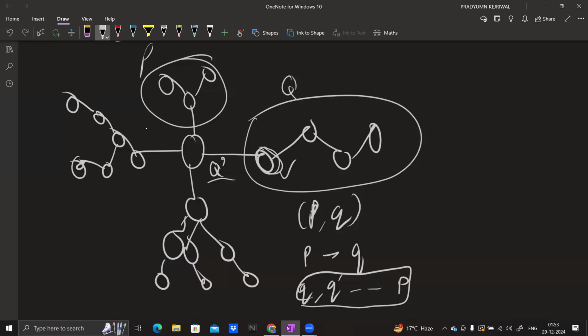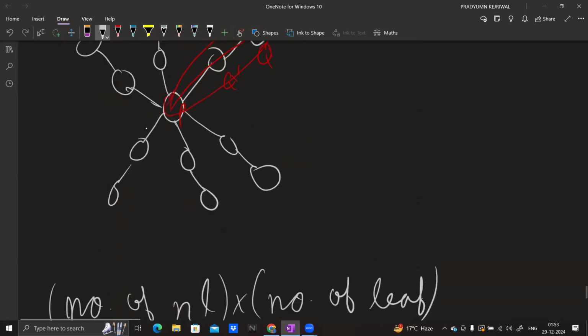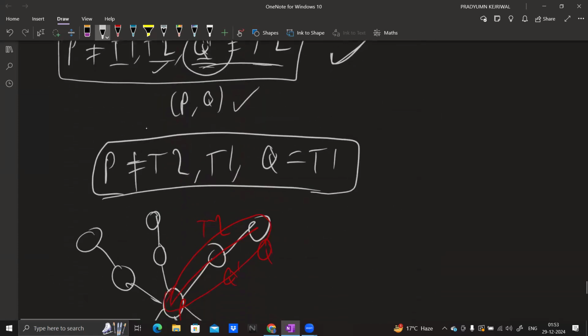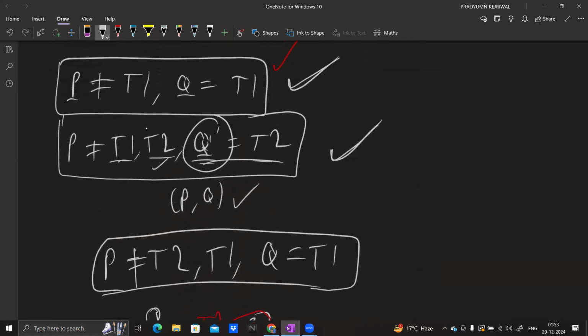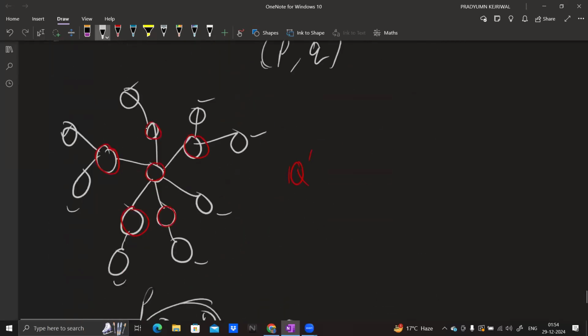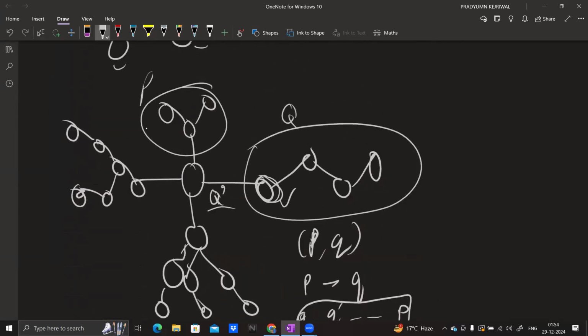And for P, I have all of these choices such that they are not of type 1 and type 2. This is the condition, right? That P is not of type 1 and type 2 and Q dash is type 2. So we are iterating over all of the Q dashes. Let's say we have fixed one Q dash. Then for this Q dash, we want to count the number of P, Q pairs.